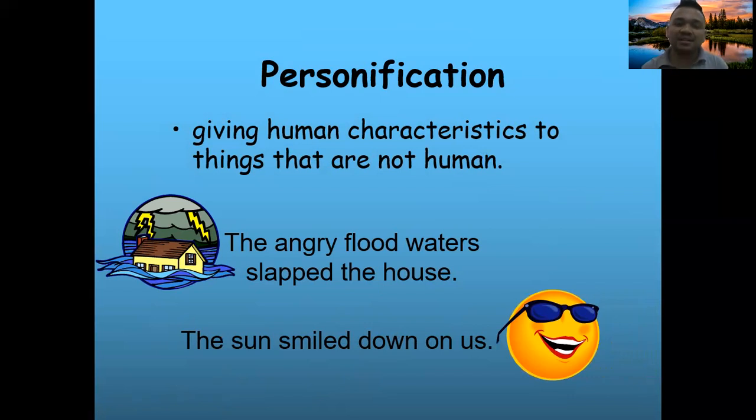We're giving life, human attributes, to the sun. So the sun can smile at us. That is what we call personification. We're giving human attributes or characteristics to a non-human being.